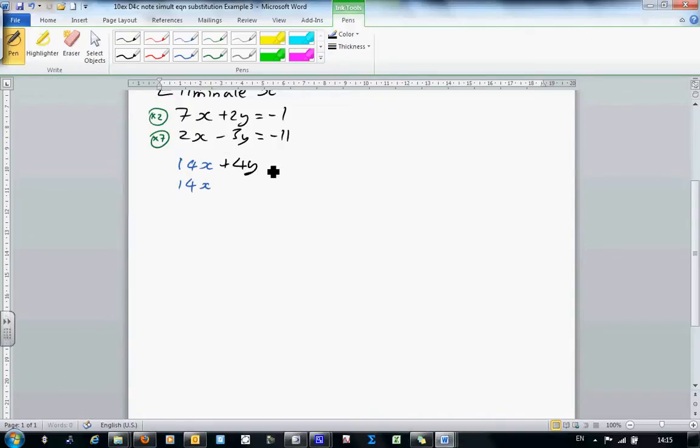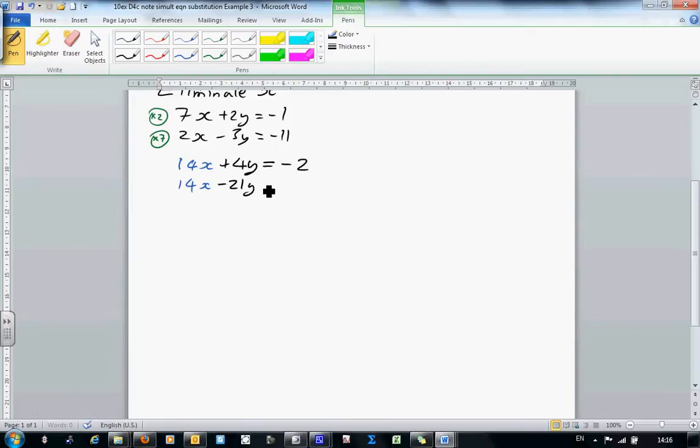Please remember that these are equations. So whatever you do to the left side, you must do to the right side. So for the second equation, I'm going to multiply both sides by 7. 7 times 2, 14x. 7 times 3 gives 21, which is negative. 7 times 11, 77, which again, negative.